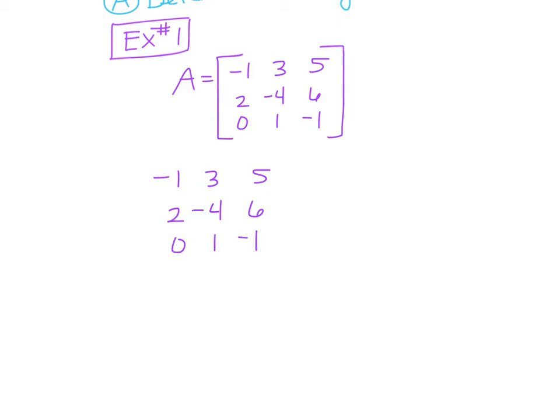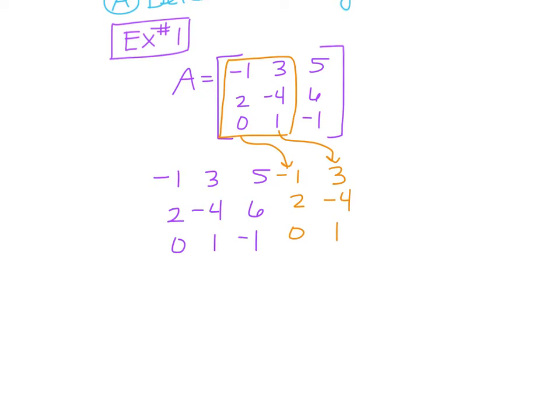And then what you actually do is you're going to write in the first two columns again next to it. So we're going to take these two columns and we're going to drop them in here and here. Okay, so it's -1, 2, and 0, and then 3, -4, and 1. Okay, so now you have essentially 3x5 is what you're looking at.